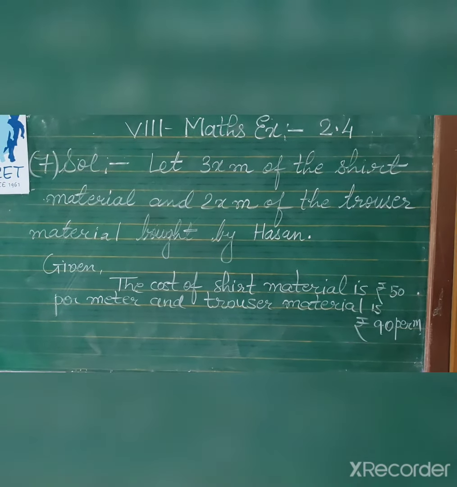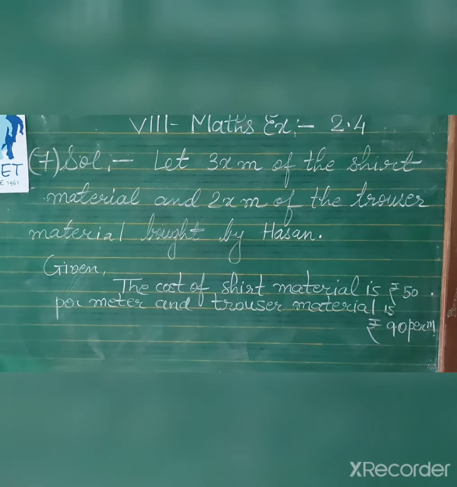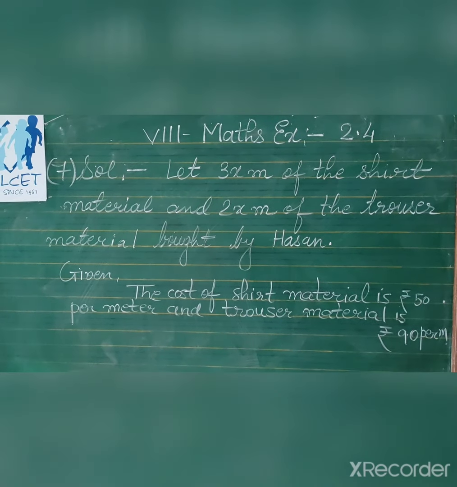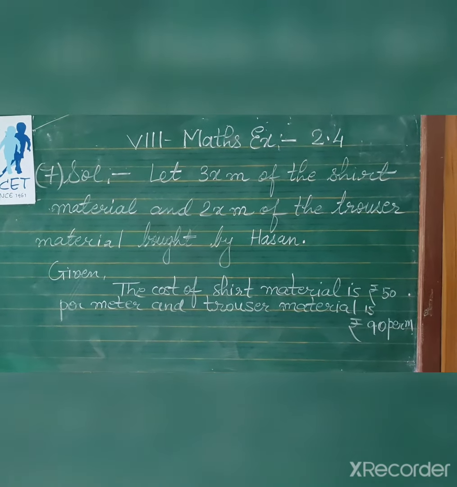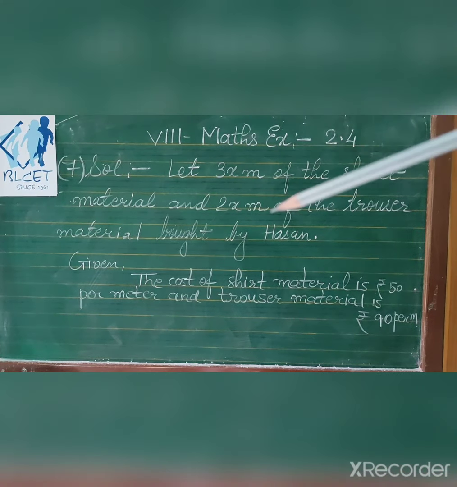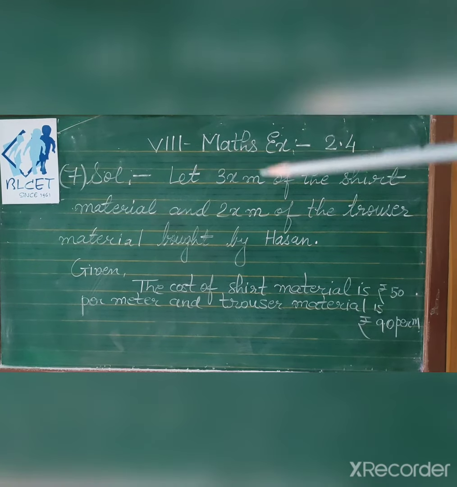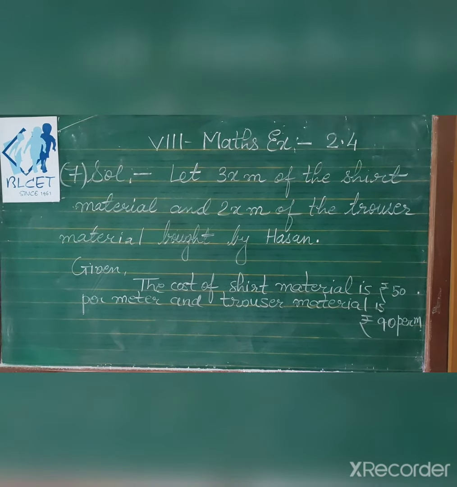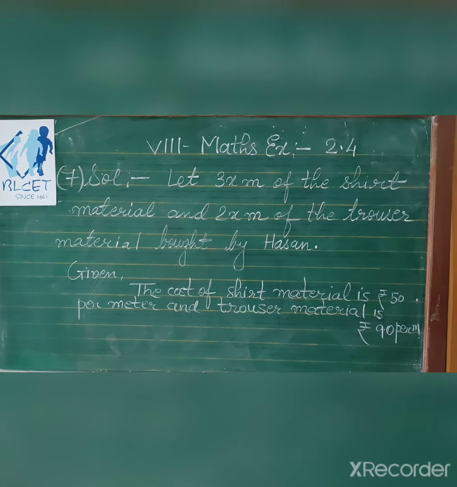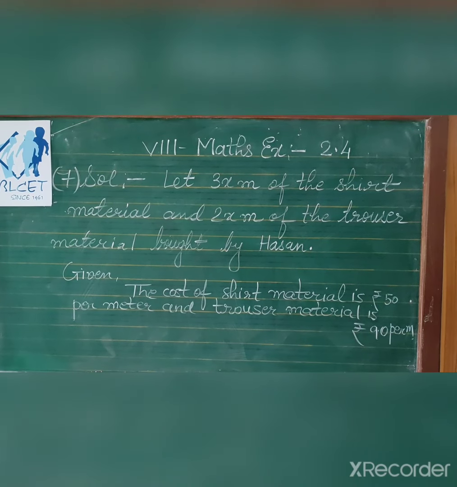Children, in this question it is clearly written, on every 3 meters of shirt material he is purchasing 2 meters of the trouser material. So the same number we will multiply, because whatever the quantity, the ratio will be 3:2. So let 3x meters of the shirt material and 2x meters of the trouser material be bought by Hassan.